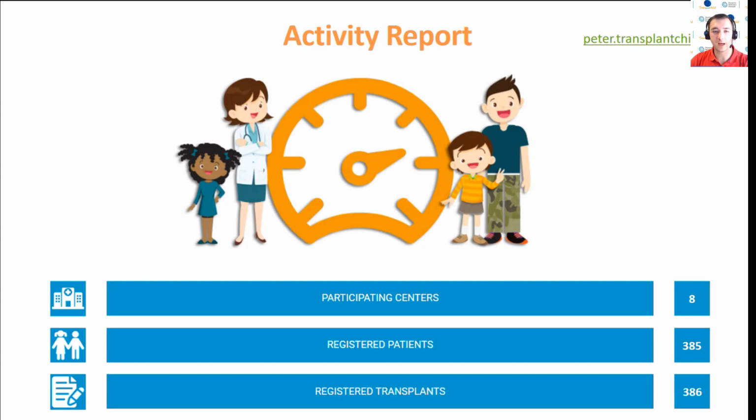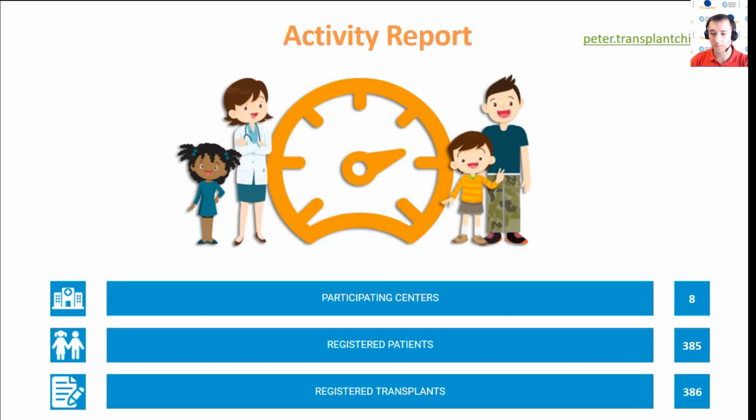Finally, a brief activity report. The last update was made today, so the data is pretty new. This activity report can be found at any time on the Peter website. And you can find information such as the number of centers that are participating in the registries, the number of registered patients, the number of registered transplants, and the individual number for each type of transplantation.